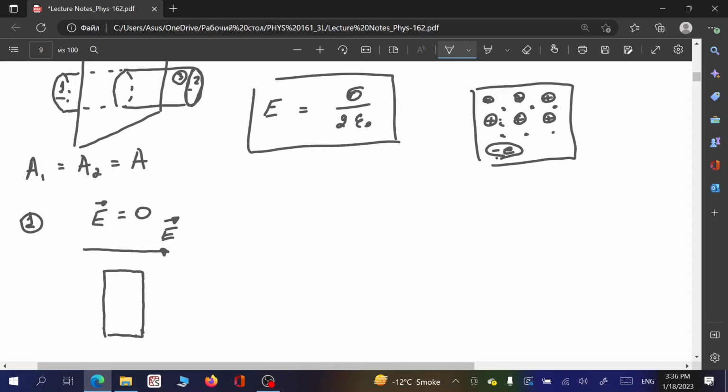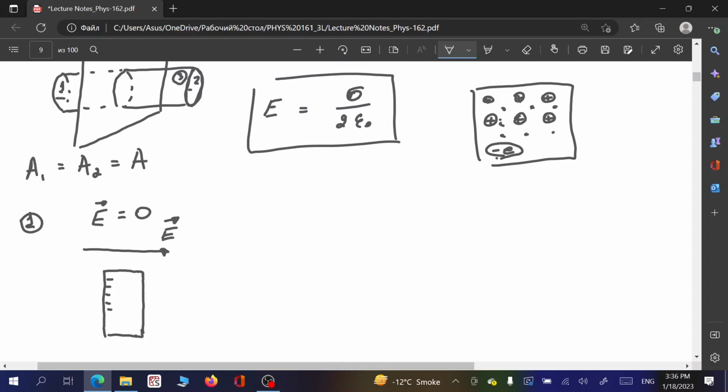So now imagine that we place such a piece of metal in an external electric field, and recall that if we place some charges in an external electric field, there is some electric force which acts on these charges. So what will happen here? Will these positively charged ions move somewhere? They will not move anywhere because they represent the crystalline structure. They are fixed in their position, so they cannot move. However, electrons are mobile and they can be pushed towards one side of this conductor.